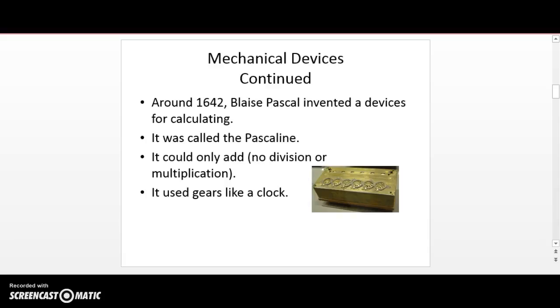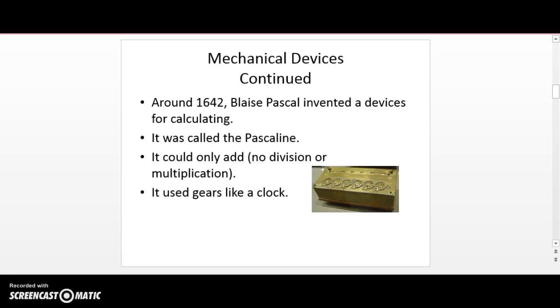Now it could add, it could not do division or multiplication, and it used gears like a clock, and this is what it looked like roughly, and you can see the gears in the picture. And of course he was a French philosopher and mathematician, and this device had a very complicated set of gears that operated much like a clock, as I've mentioned.